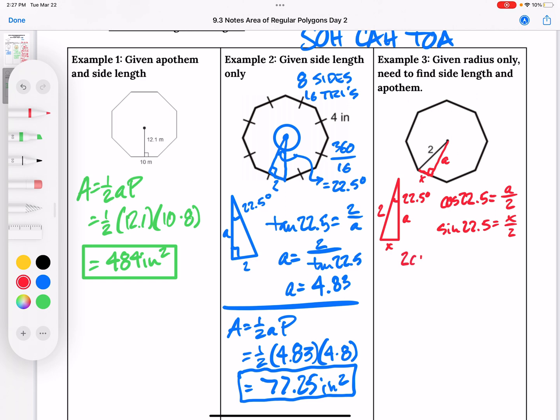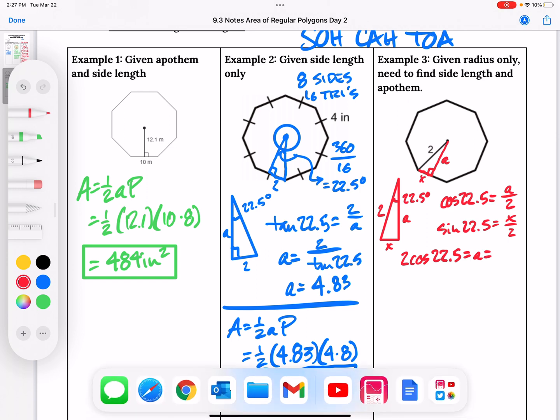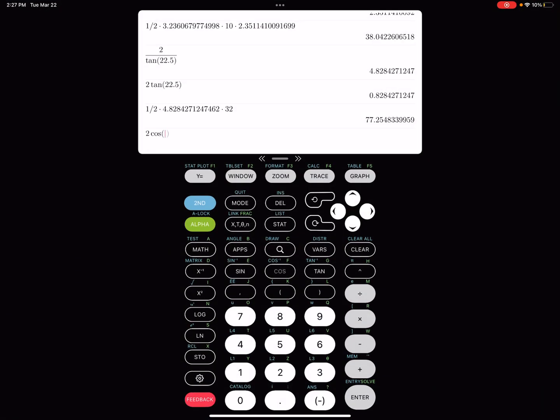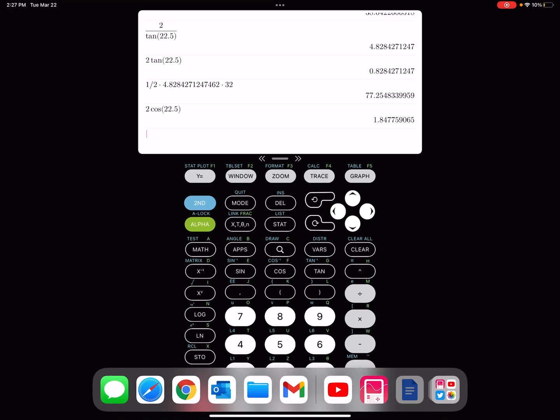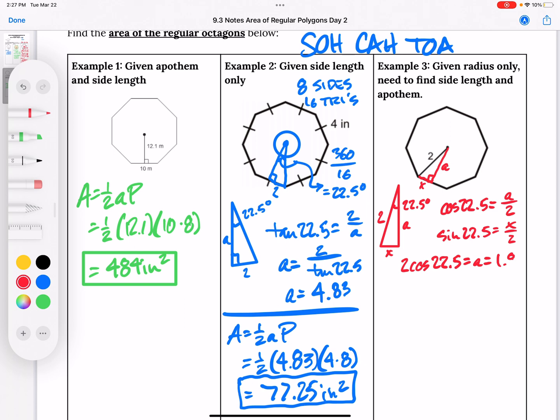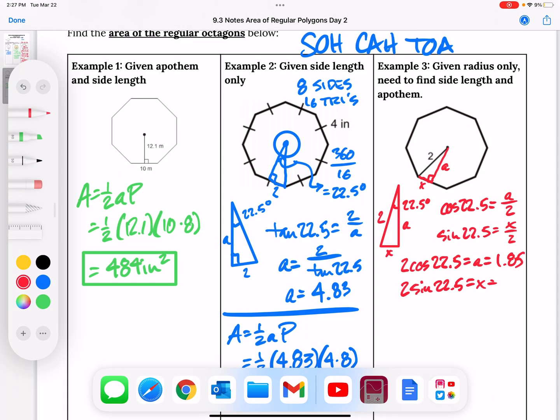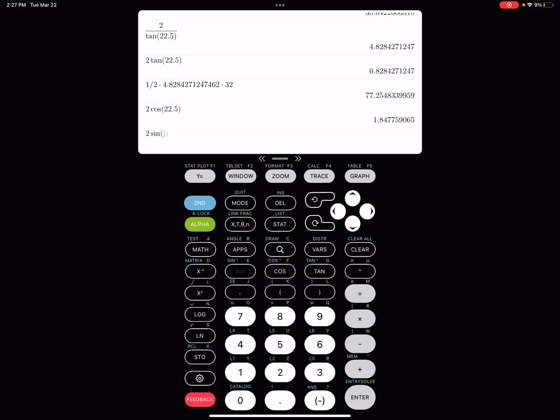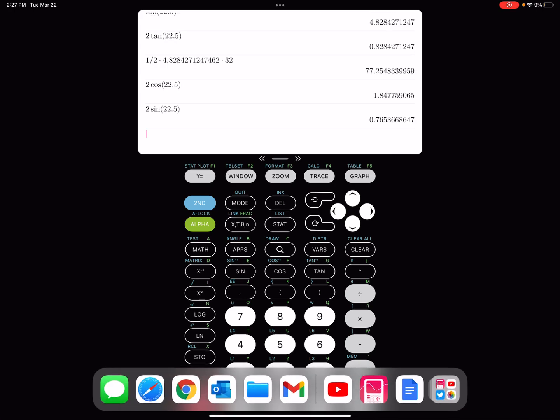So 2 cosine 22.5 equals A, and that is 1.85. And 2 sine 22.5 equals x, and that number is 0.77.